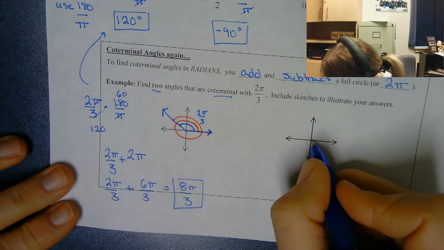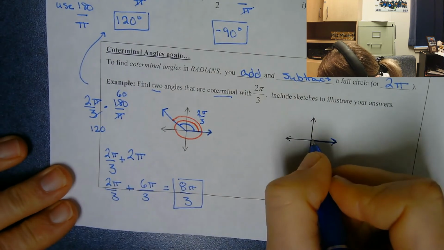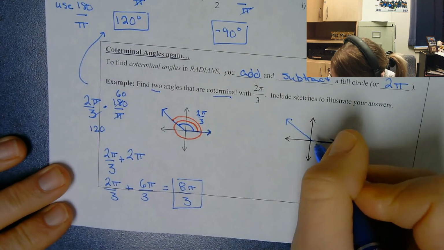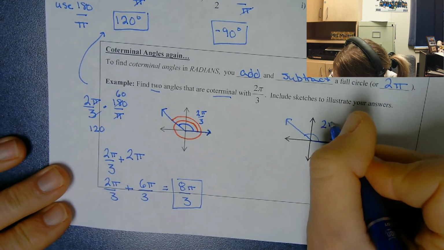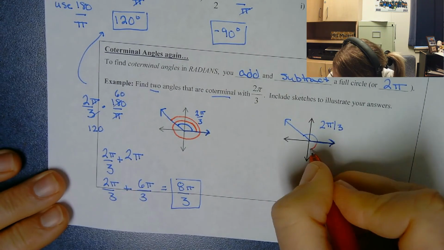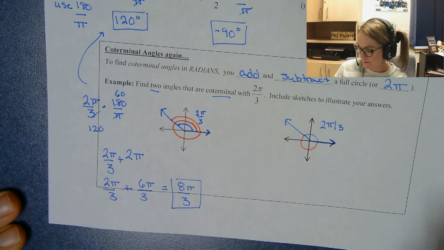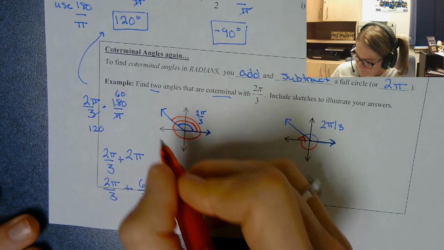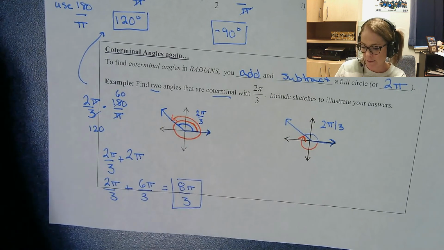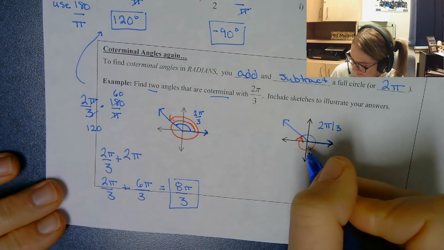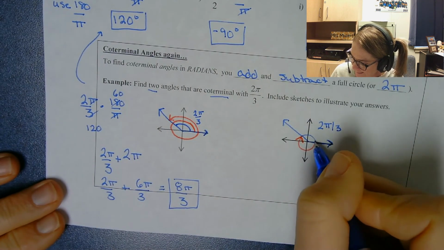All right, let's do another one, and then we'll call it a day. 2 pi over 3. I could go in a negative direction, right, and land at the same place. I could go this direction, in a negative direction. This was in a positive direction, but just another rotation. So what is happening here is you've basically got this full circle less, we didn't make it all the way around in the negative direction.